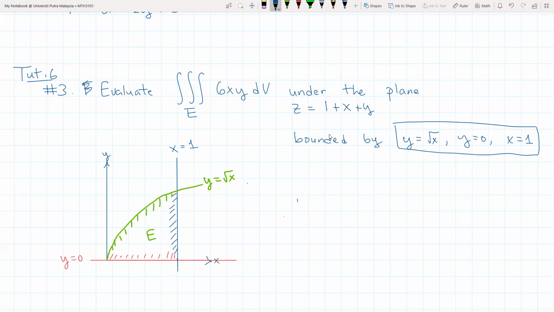So this is located above the xy plane, and z will start from 1 until something given in this region, all right? X and y. Okay, so the first thing, you need to define the boundaries.